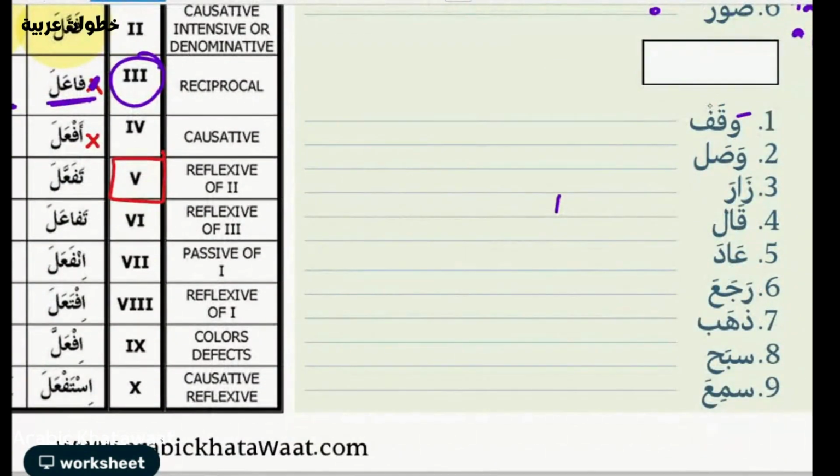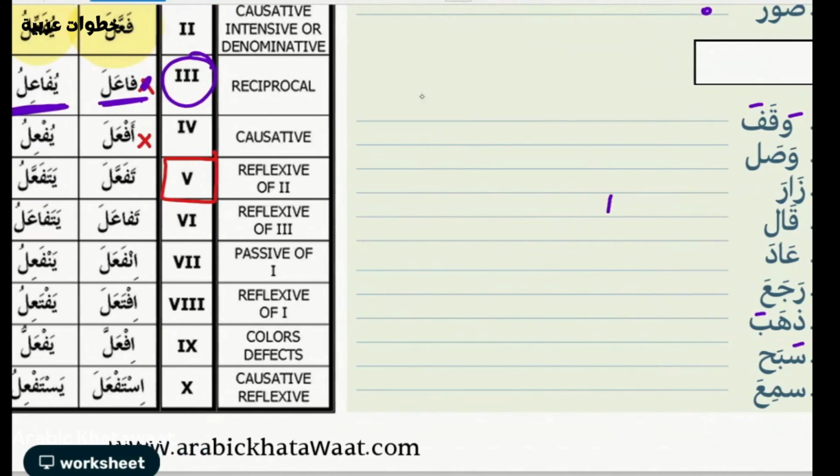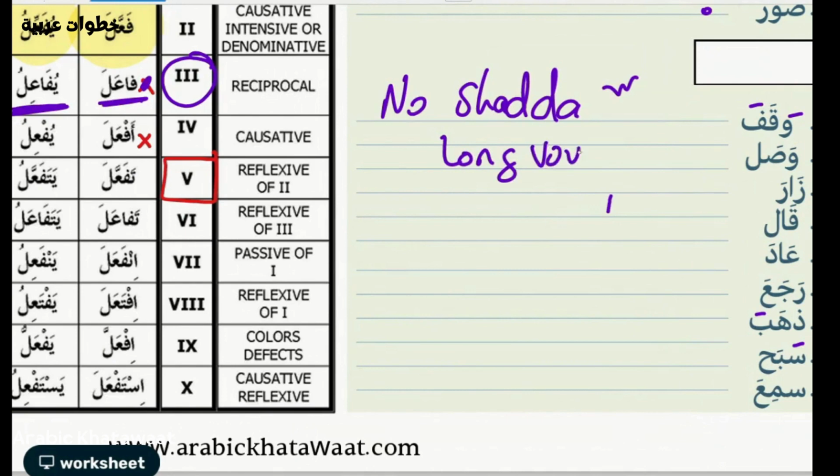So form 3, form 2. Now I have وقف, وصل, زار, قال, عاد, رجع, ذهب, سبح, سمع. All of these have no shadda. They don't have long vowel. None of them has a T sound like ta.